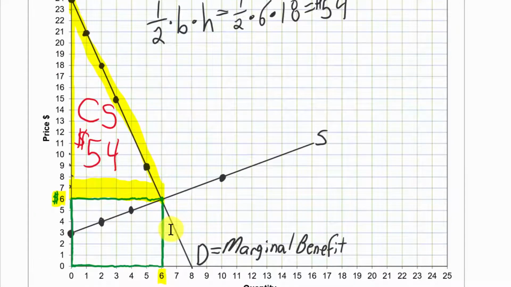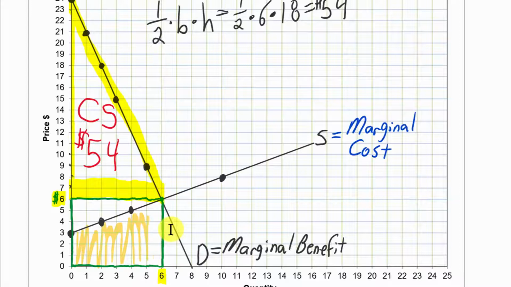A supply curve, in addition to telling us the quantity people want to sell at each price, tells us the marginal cost, the additional cost of producing each additional box of cookies. So in order to get the variable costs, the total amount spent in things that cost you more when you produce more units, what we want to do is find the area under the supply curve here.